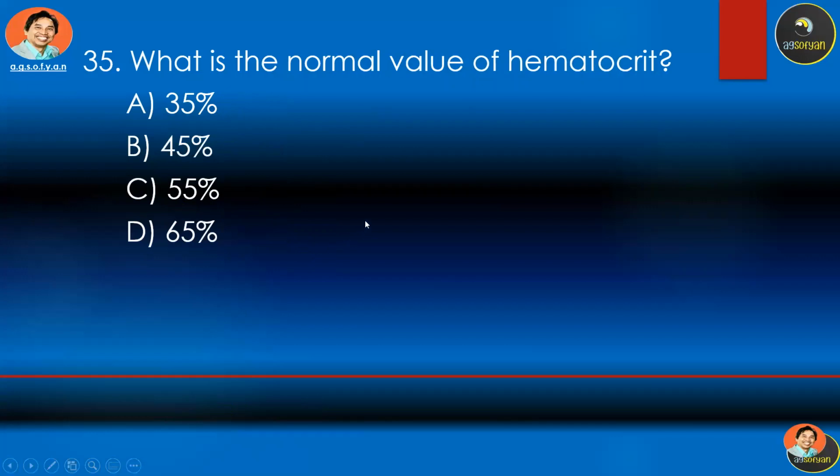What is the normal value of hematocrit? A, B, C, or D? Okay, remember hematocrit measures the red blood cells, and again, if you centrifuge the blood, the red blood cells are normally 45%, the plasma 55%.